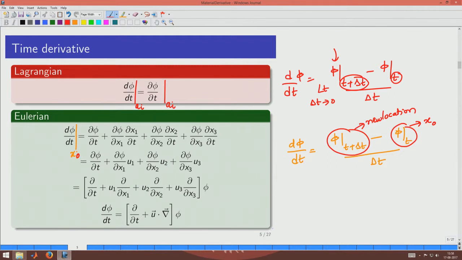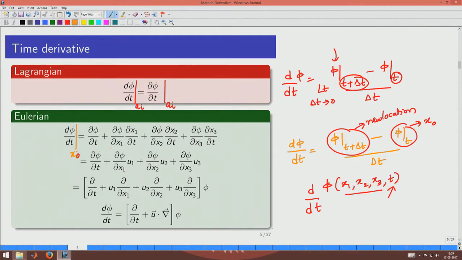So, because of this, we use the chain rule, so that we can get the differential with respect to time, and that is what we are doing here. So, we assume that phi is now a function of the spatial coordinates x 1, x 2, x 3, and also time, and therefore, whenever we want the differential with respect to time, we can take it with respect to time here, and the rest of them use the chain rule. So, that is why we are now able to write like this.